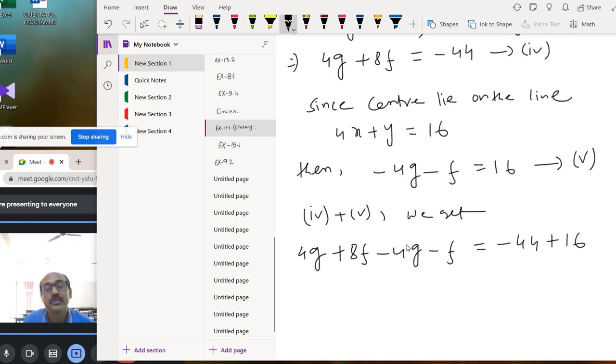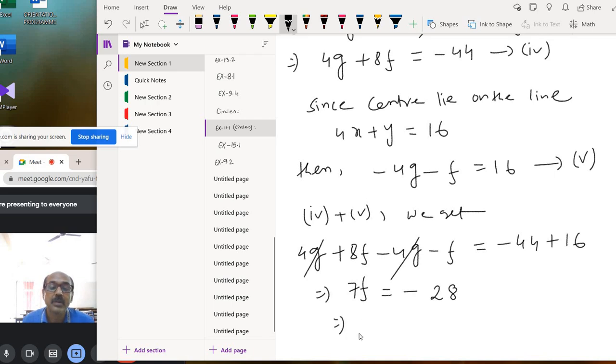So 4g minus 4g will be cancelled. Then 8f minus f is 7f, equal to minus 28. So f is equal to minus 4.